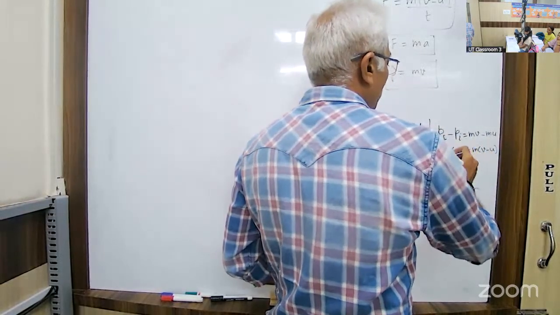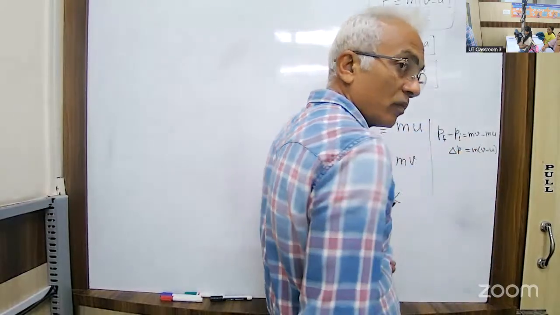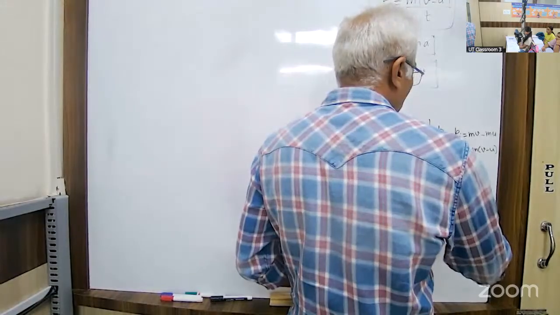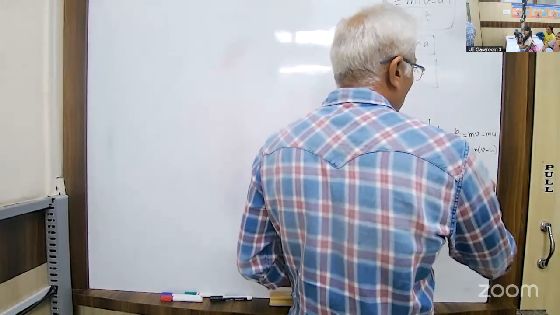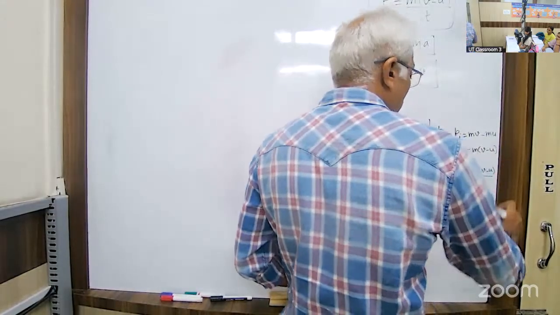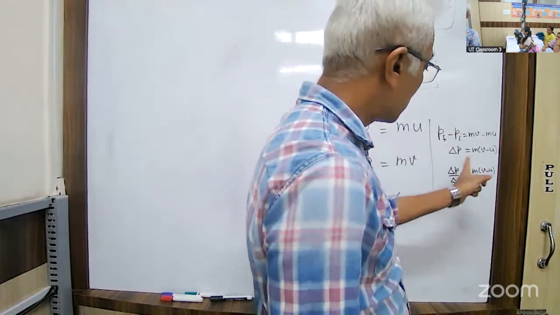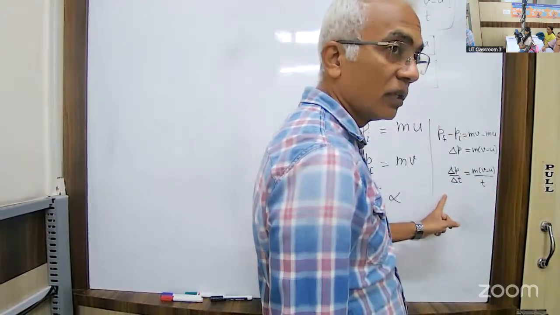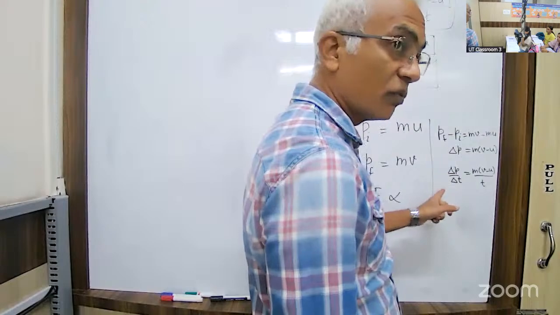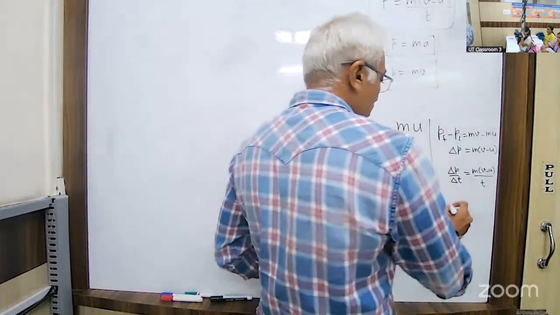This is the change in momentum, delta P. What is rate of change of momentum? It is delta P by delta T. What is the time interval? So V minus U over t. This is the rate of change, dP by dt. This is force.